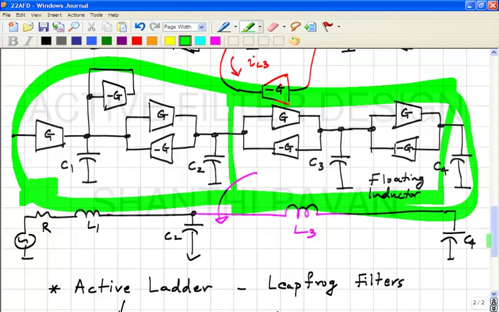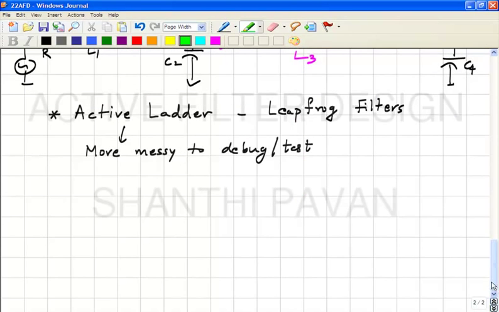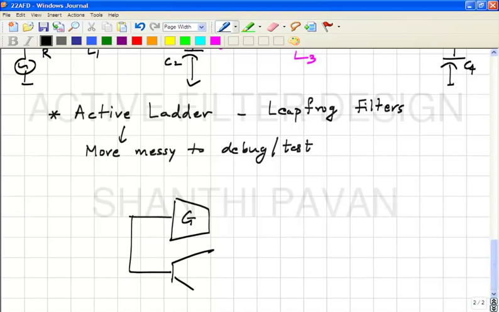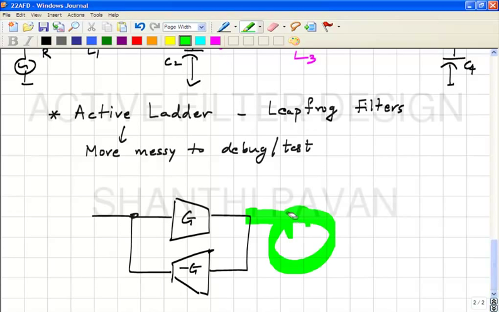A good way to figure out whether you made a goof is to understand the following. If you take a gyrator and this side is an open circuit, what should it look like on the other side? Short circuit, correct?